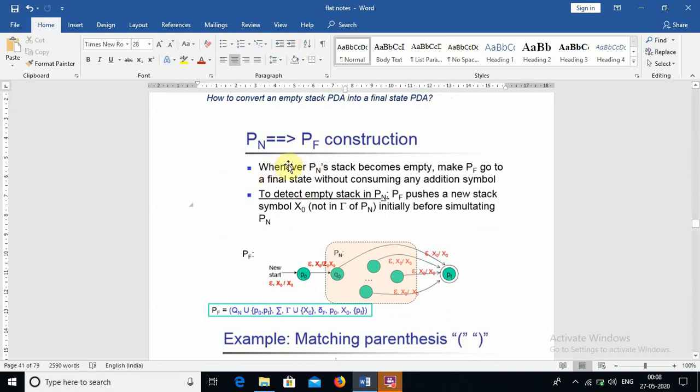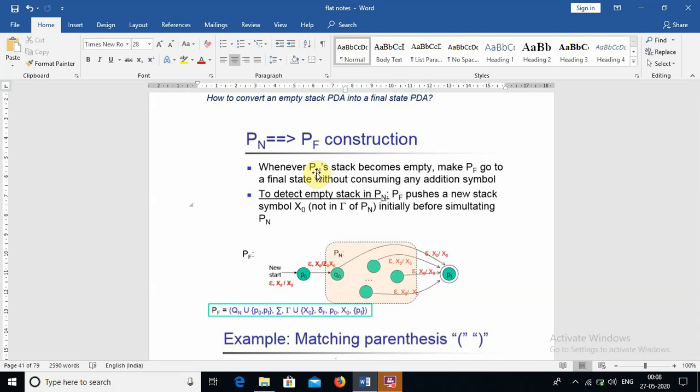How is it possible? Whenever PN's stack becomes empty, make PF go to a final state without consuming any additional symbol. We are trying to show that the language is accepted by an empty stack PDA, actually PN here. Whenever we empty the stack, the language is accepted by PN, but we can't say whether we reach a final state or not.